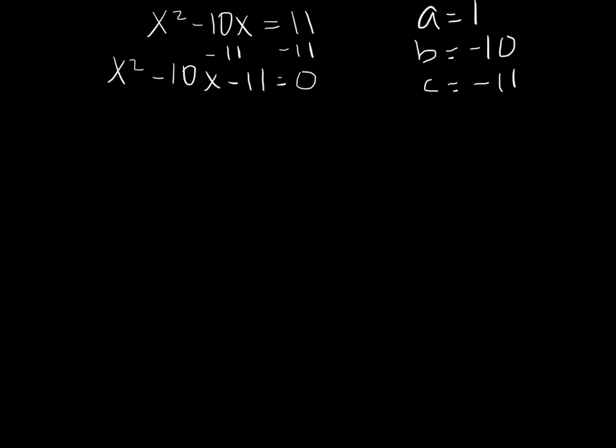Let's go ahead and write down the quadratic formula. Okay, so I have the quadratic formula written out, and what's beautiful about this is we know what a, b, and c are, so all we have to do is just plug and chug.